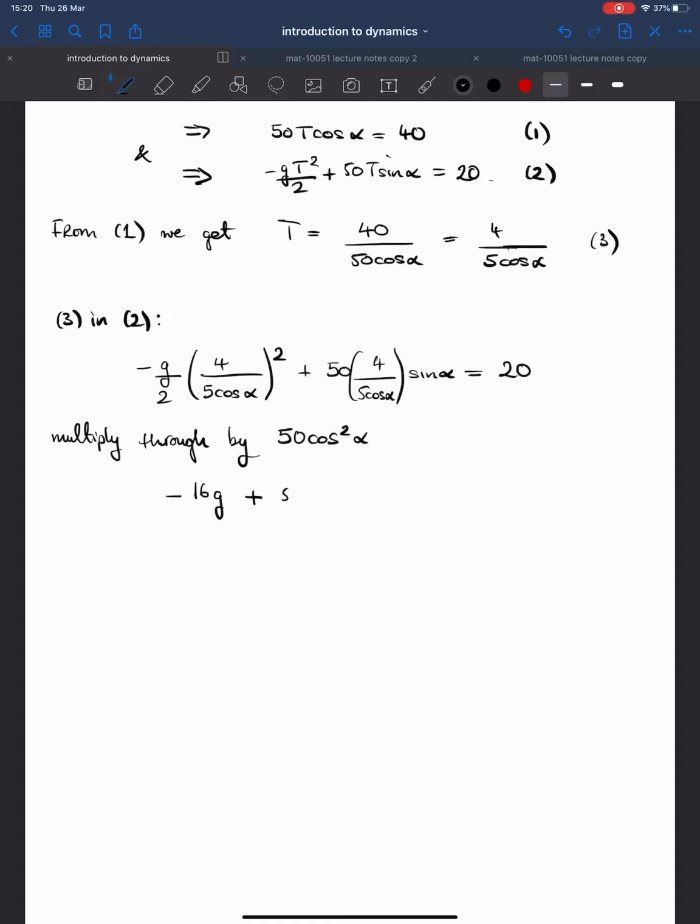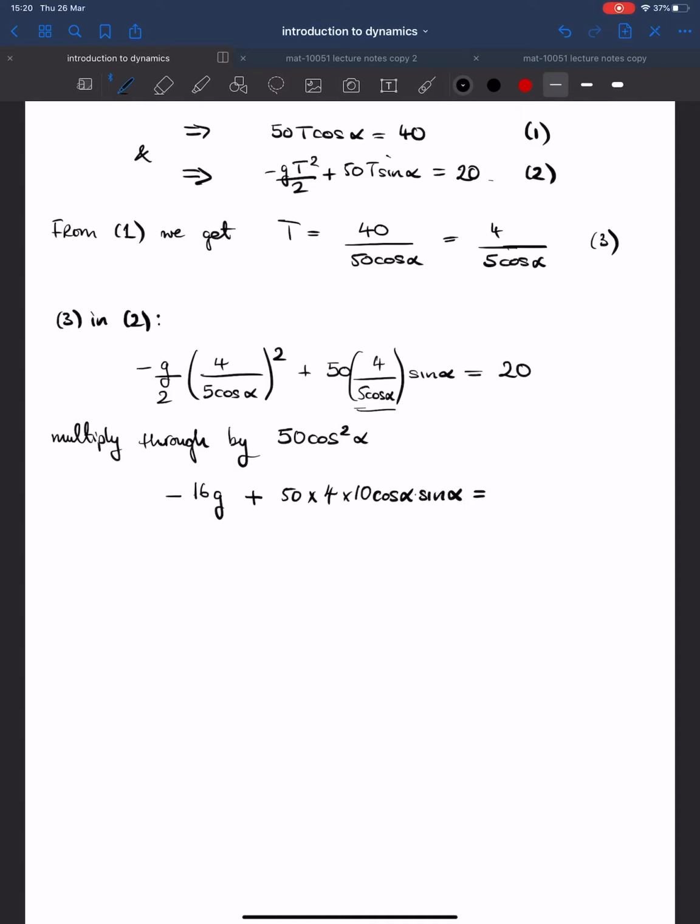Well, I'll have 50 multiplied by 4. Now there's a 5 cos alpha in the denominator, and we're multiplying by 50 cos squared alpha. So this gives me 10 cos alpha sine alpha.